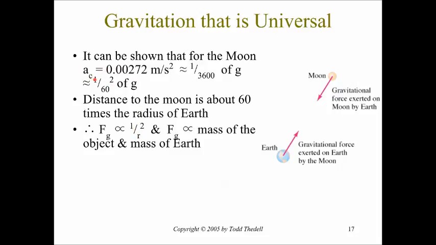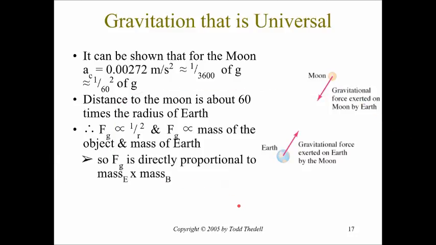That's where this is coming from. And the force is also directly proportional to the mass of the object and the mass of the Earth. So that means the force is directly proportional to the product of the masses.